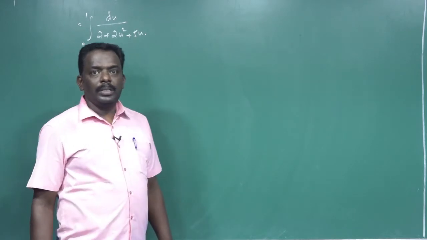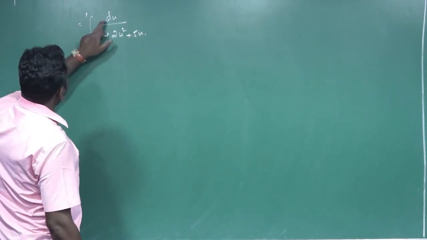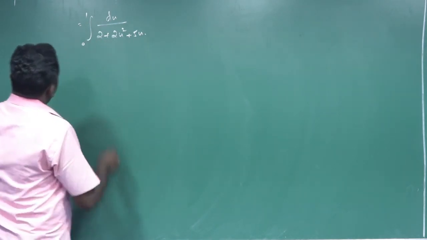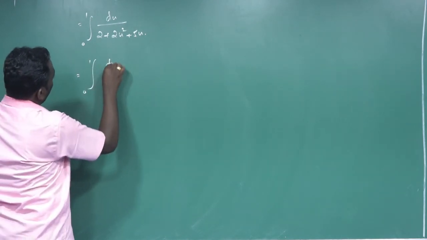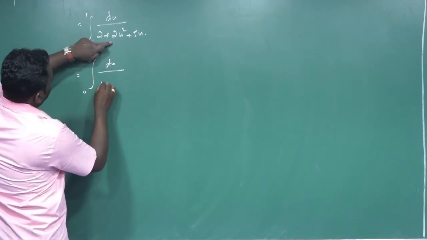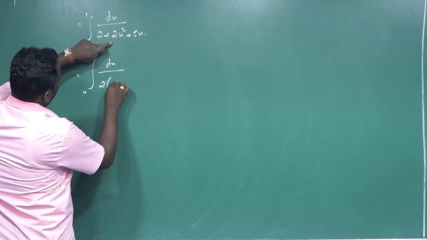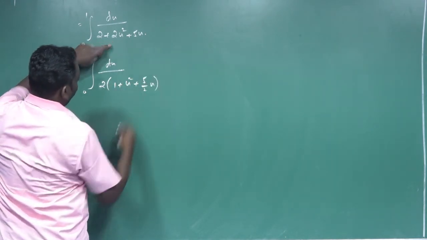Come to the next line, the final step: the integral from 0 to 1 of du by 2 plus 2u square plus 5u. First of all, take 2 common from the denominator: 2 times (1 plus u square plus 5 by 2 into u).